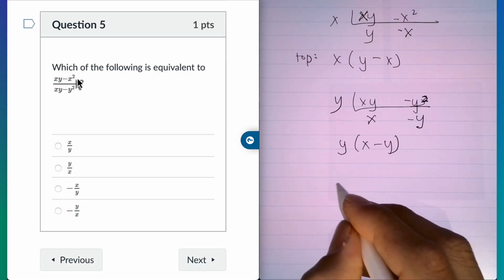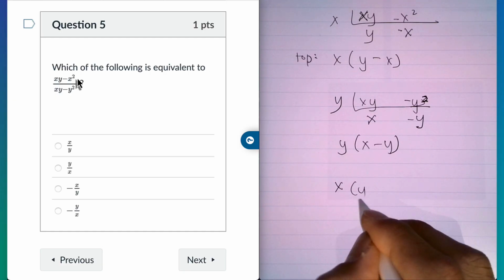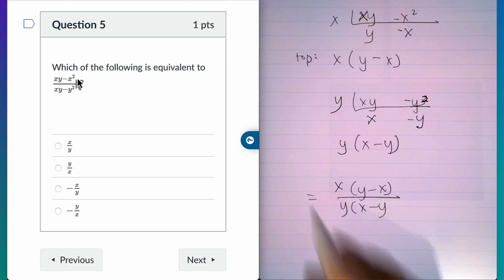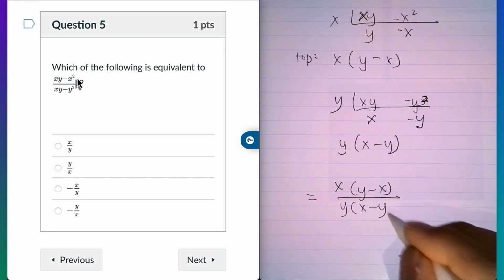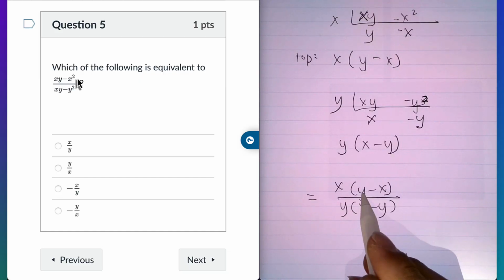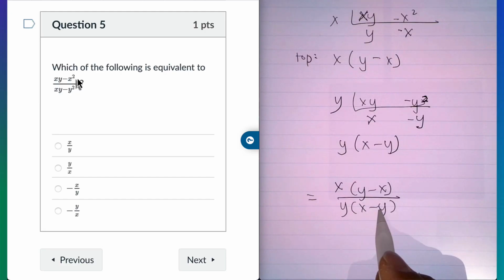Now here's the tricky part. Many of you might wonder, I'm not seeing my answer choices. You're not wrong, but there's some trick involved here. When you have the same variable expressions, except they are switched. So this has plus y, you've got minus y. On the top you have minus x, but on the bottom you get plus x.